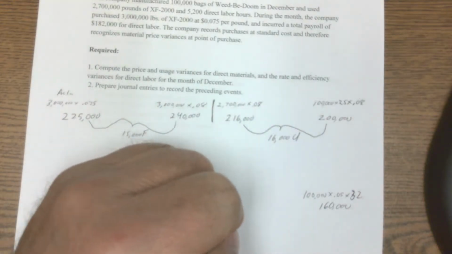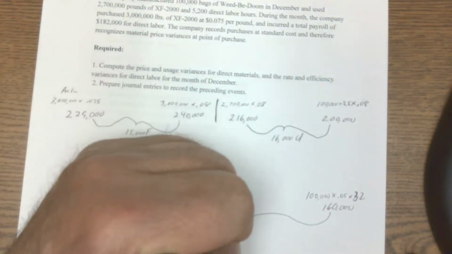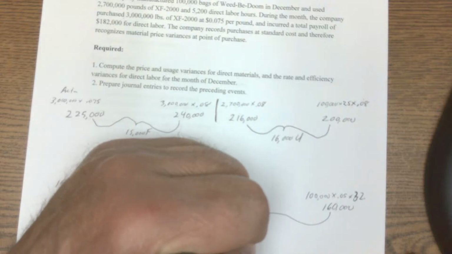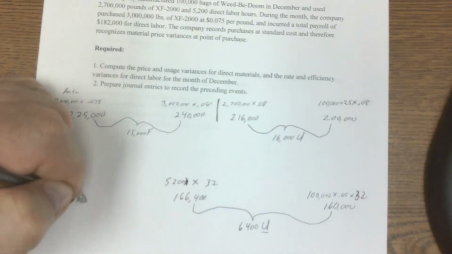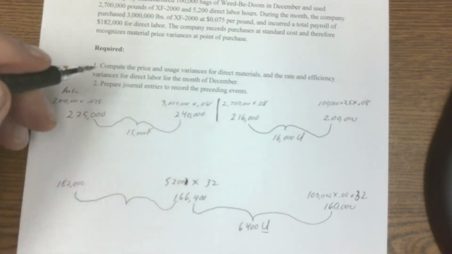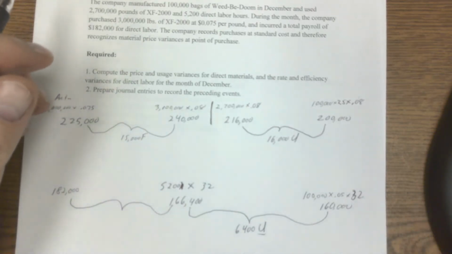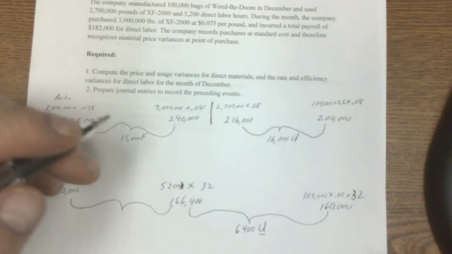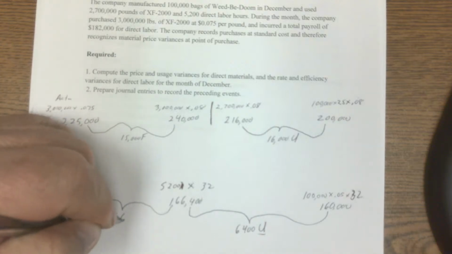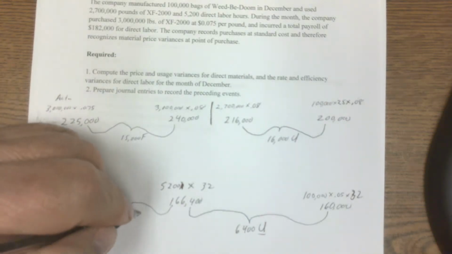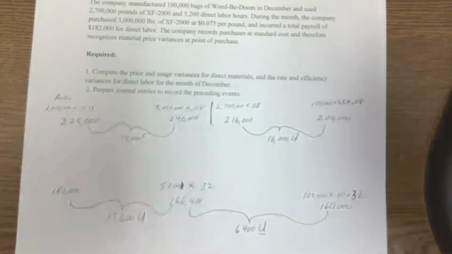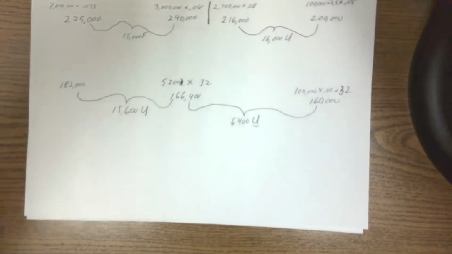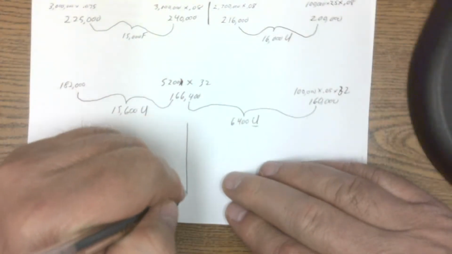Okay, so this is our efficiency variance, and that was 6,400 unfavorable because the one on the left is bigger. And this is our rate variance, and that's going to be 15,600, also unfavorable there on that. Okay. So now it asks us to do the journal entries to record the preceding events.